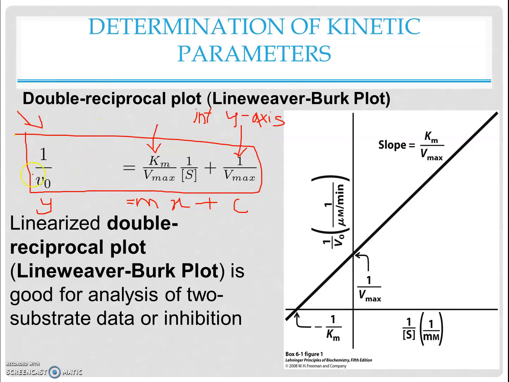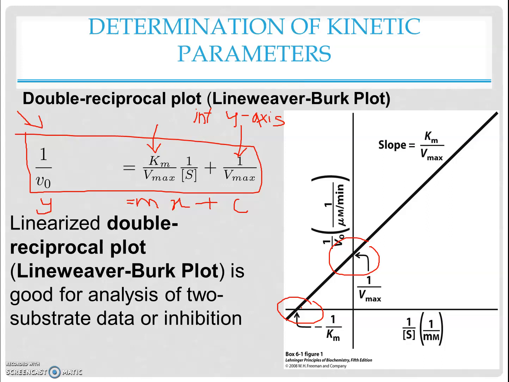You can see from the plot that you may find the value of Vmax at the interception at the y-axis. If you plot the graph using graph paper, then the interception at the x-axis is the value of -1/Km, so you can find the Km value from the interception at the x-axis.